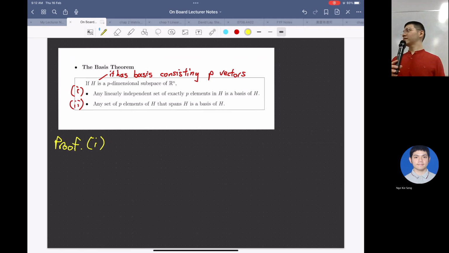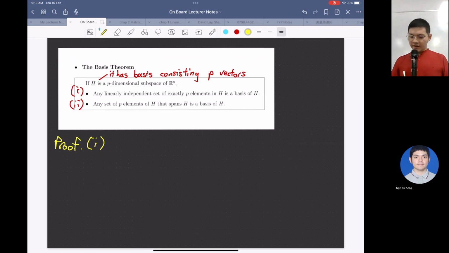What are the two properties such that the set of vectors becomes a basis? Linearly independent and what? Span.